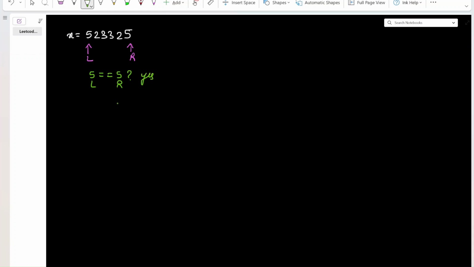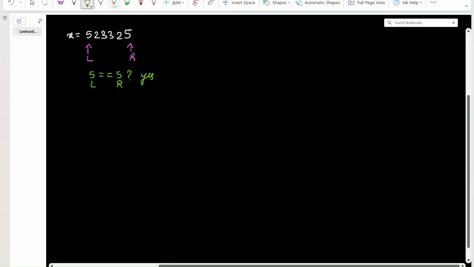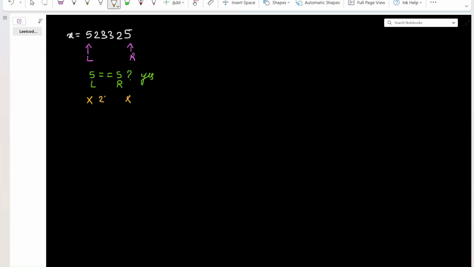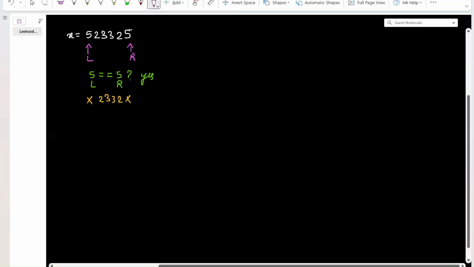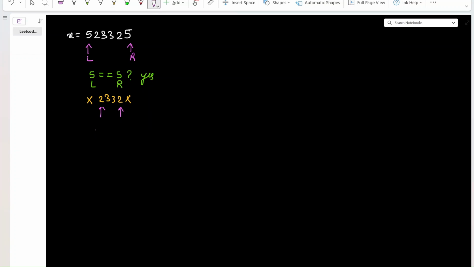Yes, it is true. Then what we can do is just forget about these numbers, the left and right corners, and take the rest of the number. And now I'm again going to repeat this. First, we are going to check what are the leftmost and rightmost digits. So the leftmost one is 2, the rightmost one is also 2.